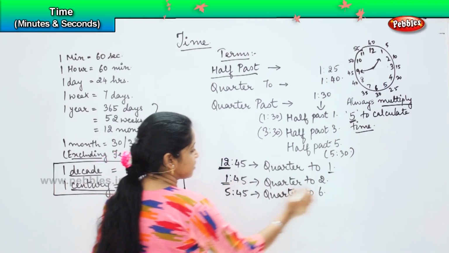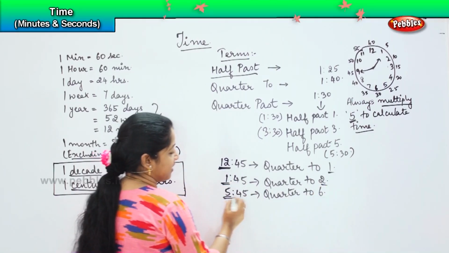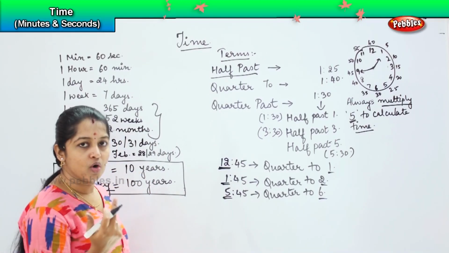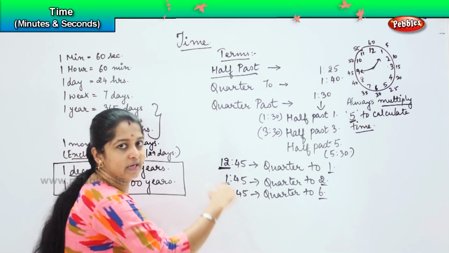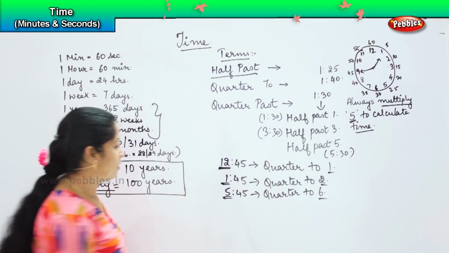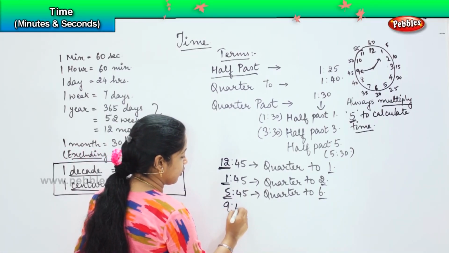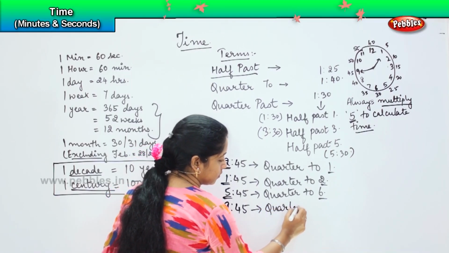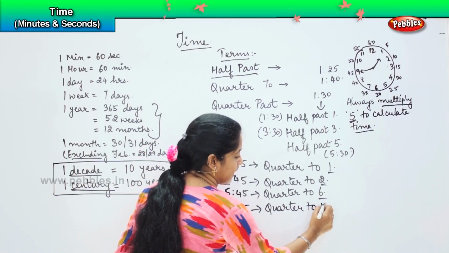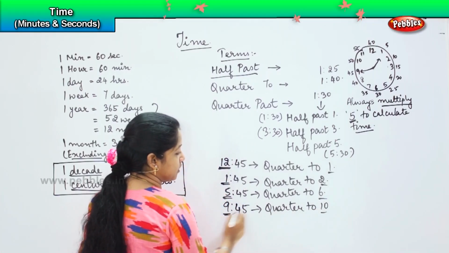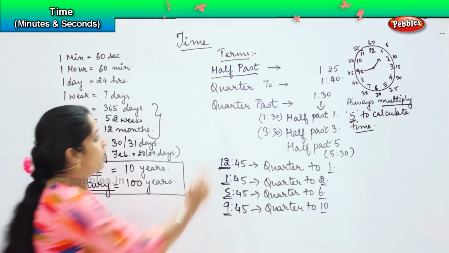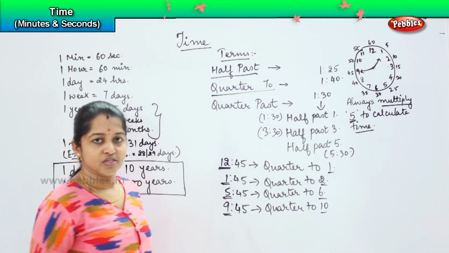Here this 1 is changed to 2. Here this 5 is changed to 6. So, whenever you see quarter to, whatever figure is given, it will move to the subsequent next number. Say for example, if I write 9:45, I will write it as quarter to 10, very good. So, this 9 will change to 10. Are you clear? So, quarter to also you have understood, right?